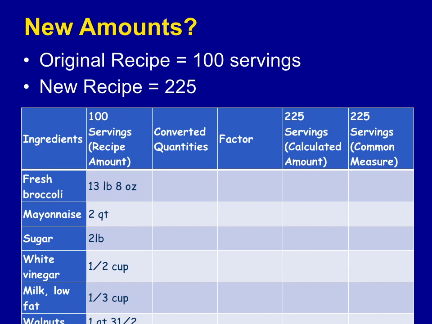So again, if you can calculate and figure out what the new factor is going to be, and then use that new factor for each of the ingredients that's listed here, then you will get 2 points extra credit. And so to get that extra credit, do the calculations and then email me the answers on that. And you will see this page in the slide sets that are posted online.